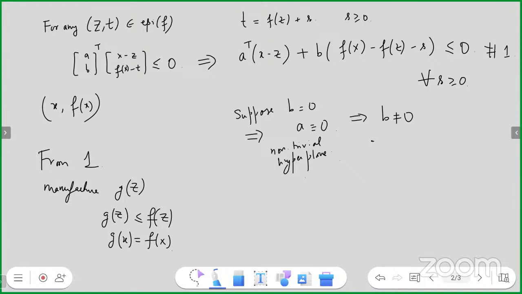It's as simple as that. What is g of z? I have not defined g of z for you. Look at it, equation number 1. Just by pure algebra, what quantity is less than or equal to f of z? Correct, it is less than or equal to b times f of z.